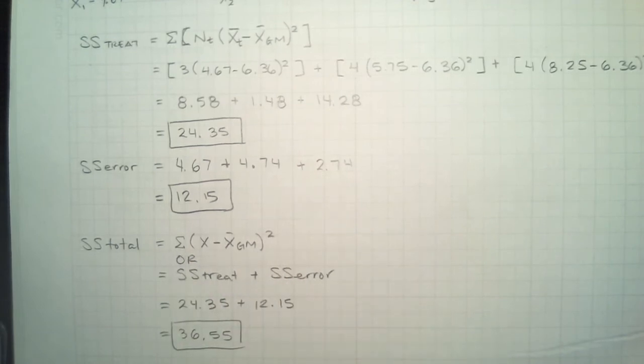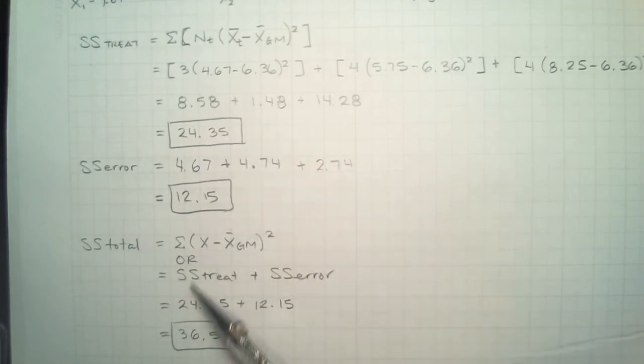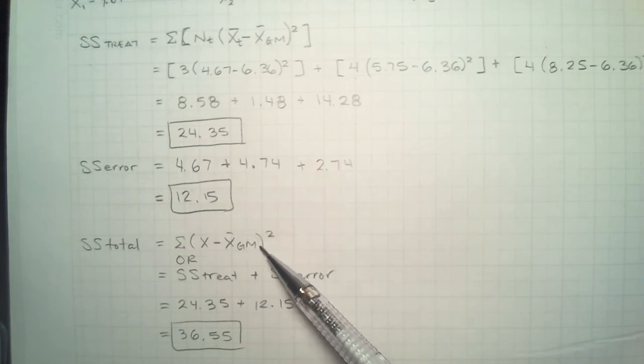But if you're really concerned about time, you can just take this shortcut and not have to worry about doing all of this math to get your SS total. You can just add up SS treatment, SS error, and that'll give you your SS total. There might be a rounding error if you did it this way compared to this. But again, it would just be a rounding error. It wouldn't really throw off all of your math.